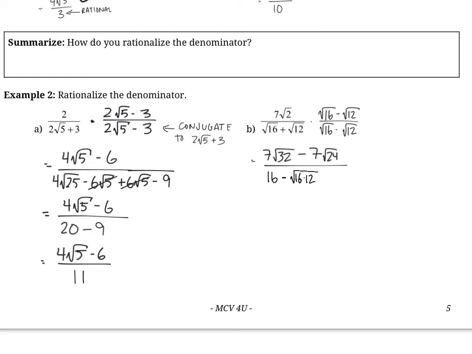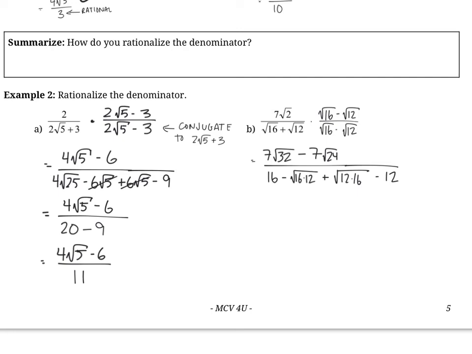Then I'm going to do plus root 12 times 16, like that. And then the last two terms, it's going to be root 12 times negative root 12. And again, 12 times 12 is 144. The square root of that is just going to be 12. So I'm just going to end up with minus 12 here.